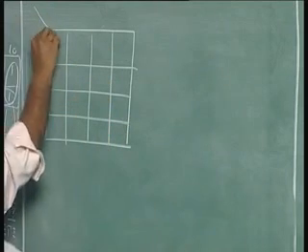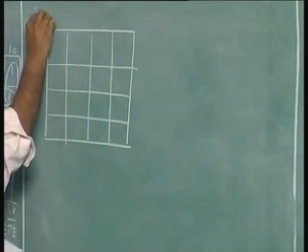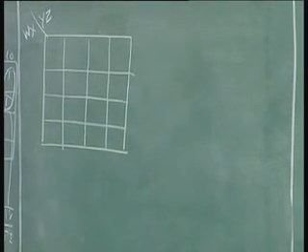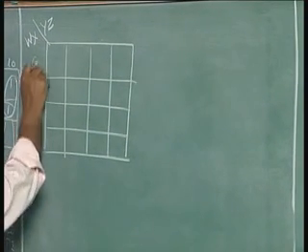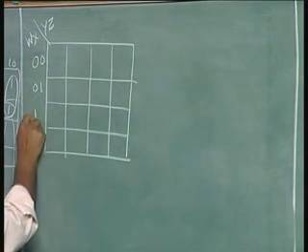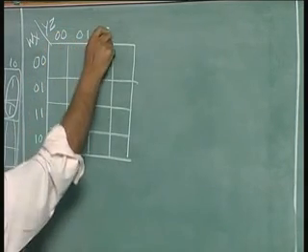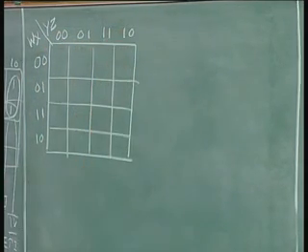For a change, I will call this W, X, Y, Z. And this is my map.